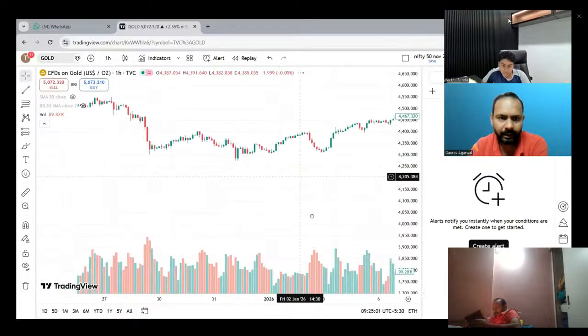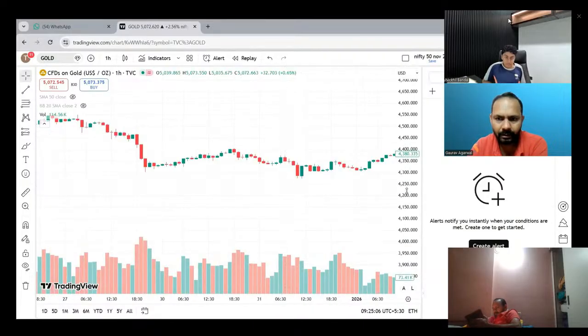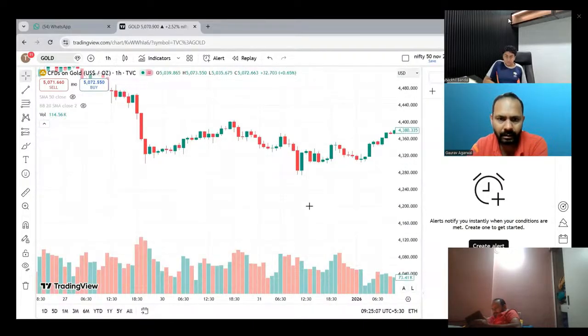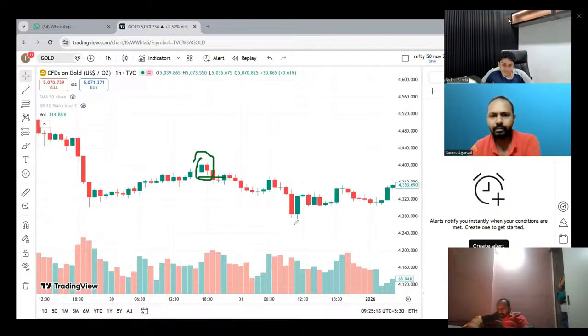See here, if you want to take more points, you may try to use it on a higher time frame. See like this. And then it gave a breakdown, and then it started coming down. Okay, I see that one.